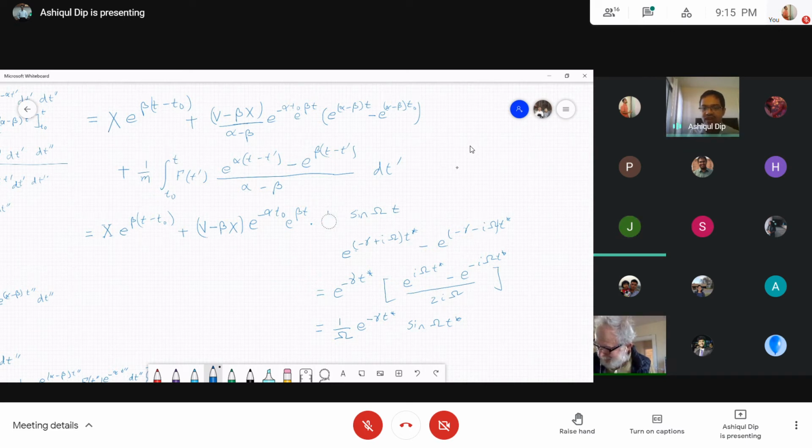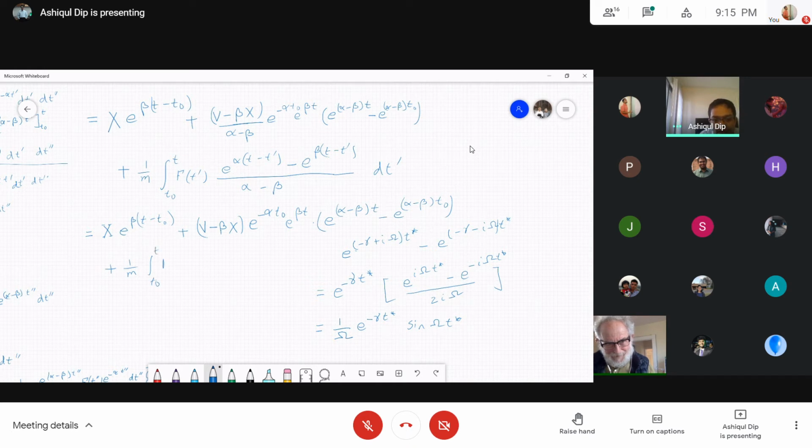Actually, for now, just leave it as it is. Actually, we should multiply this thing inside of that integration. That would simplify. Otherwise, not. Yeah, we can multiply by e to the power minus alpha. Okay, let's do that in the next step, not now.